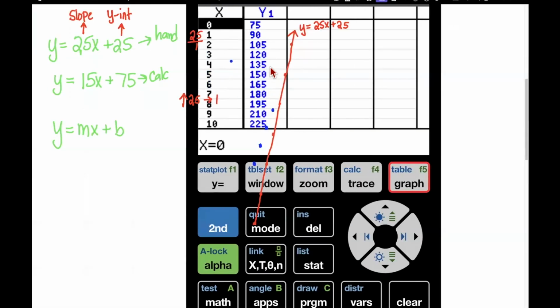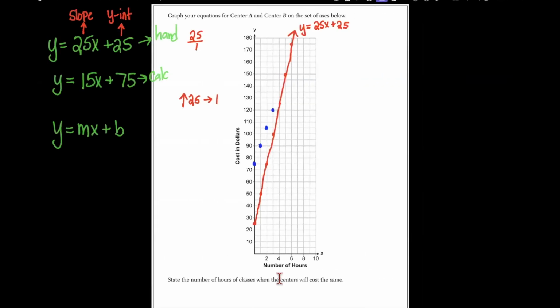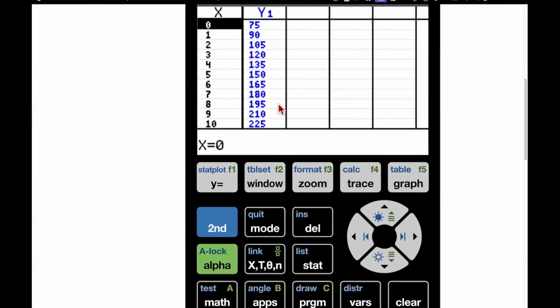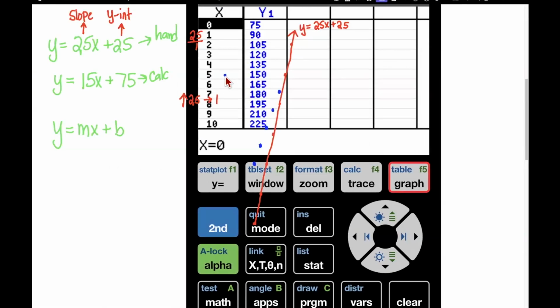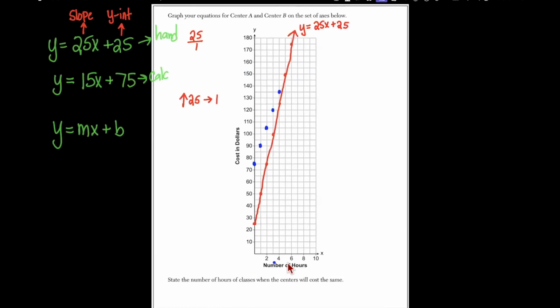At 4, it's 135, almost. And then at 5, I'm at 150. So (5, 150) appears to be my intersection point.